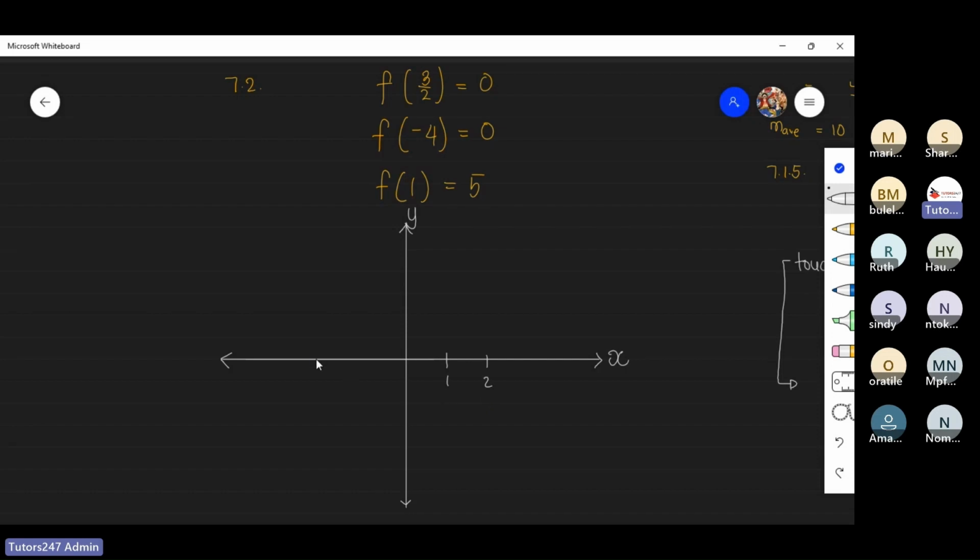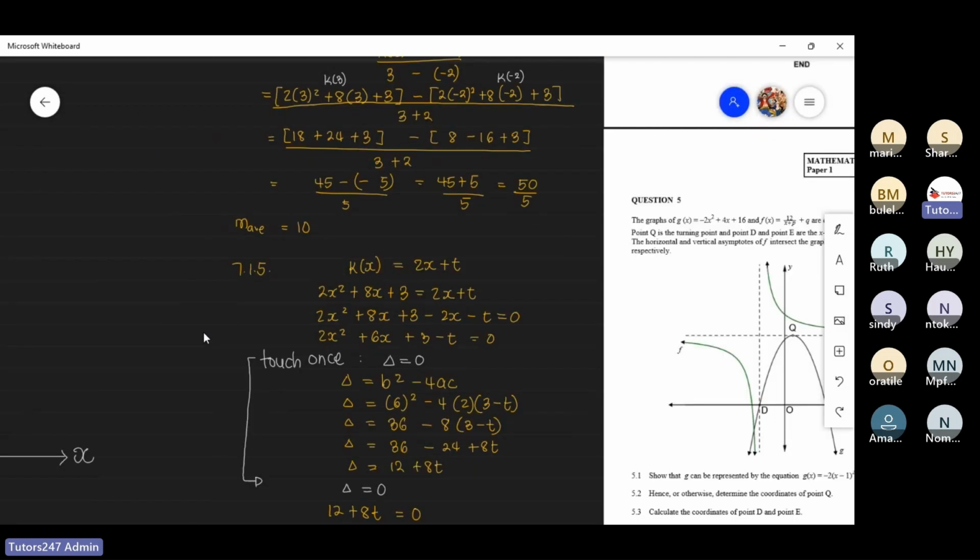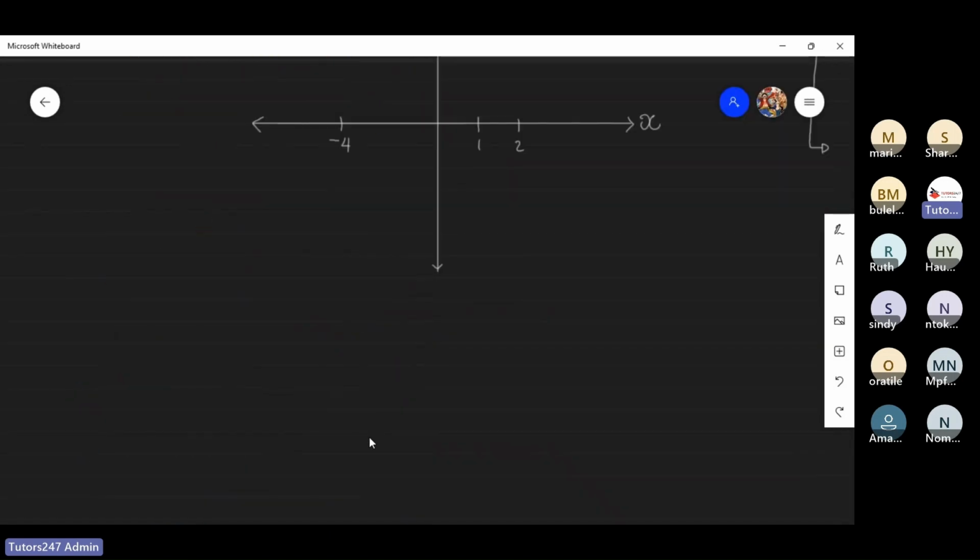Next we have -4, so that'll be around here. Then we've got 1, which is 5. I've already put the plot point 1, so that's fine. Let's deal with the y values. We have 1, 2, 3, 4, 5. Let us make this as 5. Let me just double check. I feel like that 5 was supposed to be negative. Yes, it is a -5.